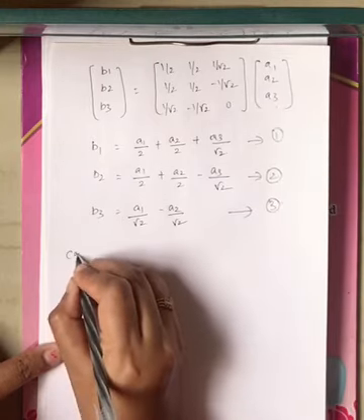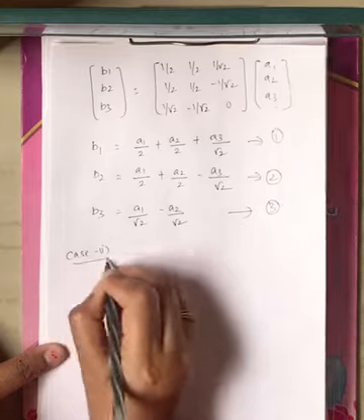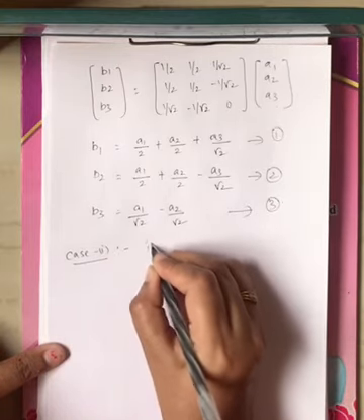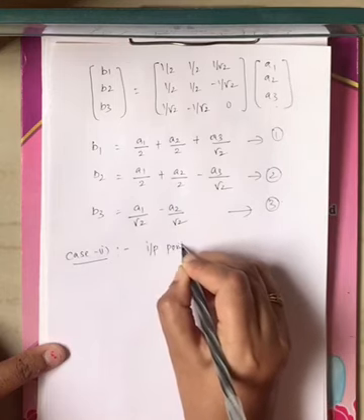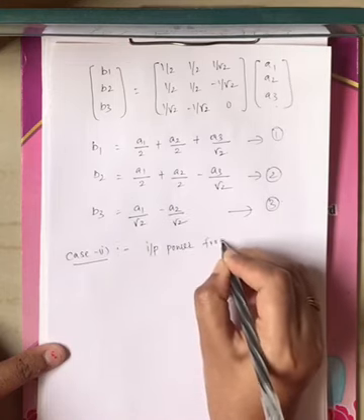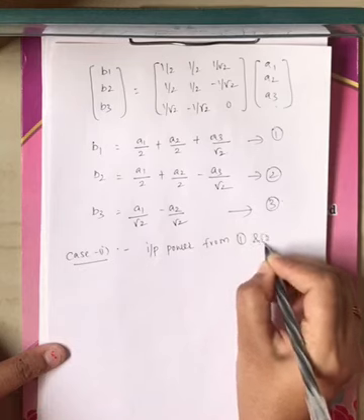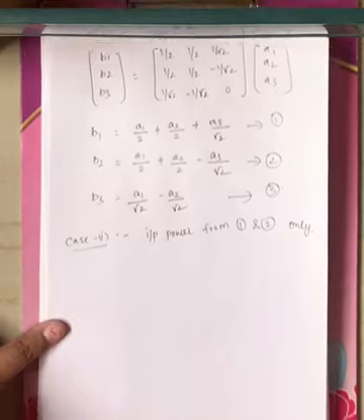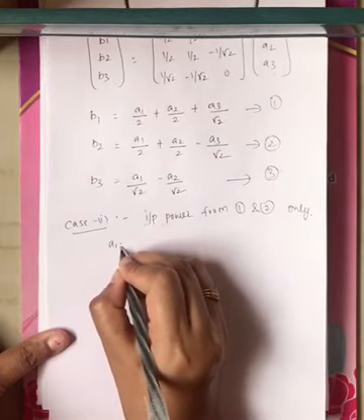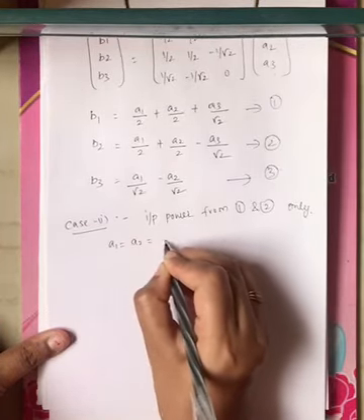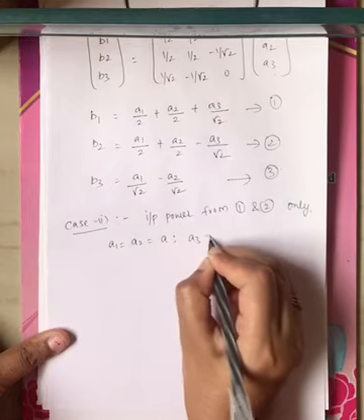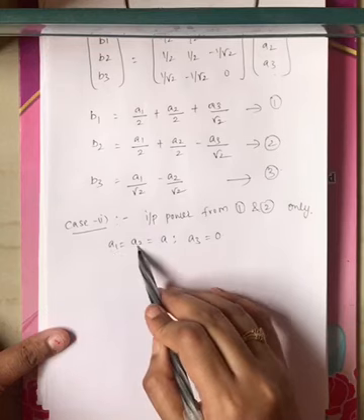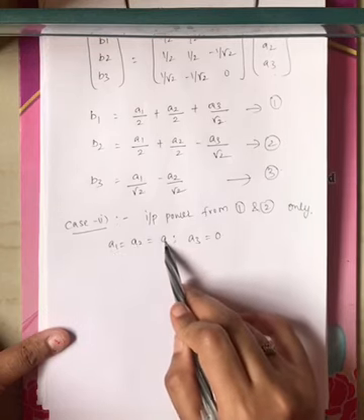Right? Now consider case 1, where you are giving input power from port 1 and port 2 only. That means A1 equals A2 equals A and A3 is 0. You are giving input power from port 1 and port 2, which are equal in magnitude and phase.